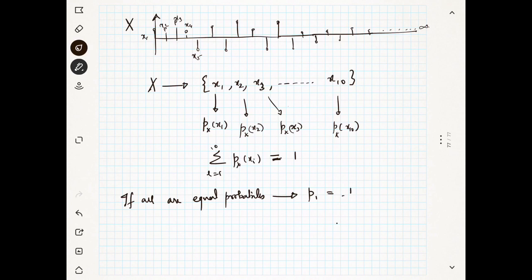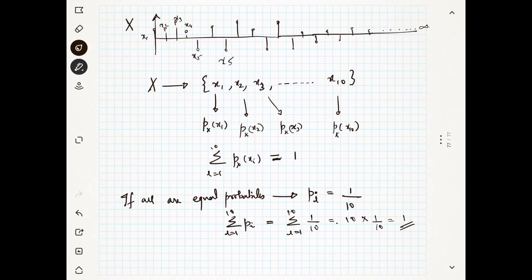Then each one will have a probability of 1 over 10. That means I can represent pi as 1 over 10. Then the summation of pi for i varying from 1 to 10 will be equal to the summation for i equal to 1 to 10 of 1 over 10. This is nothing but 10 times 1 over 10, which is 1, right? So if that is the case, you know how to find the average. You see here the same values.